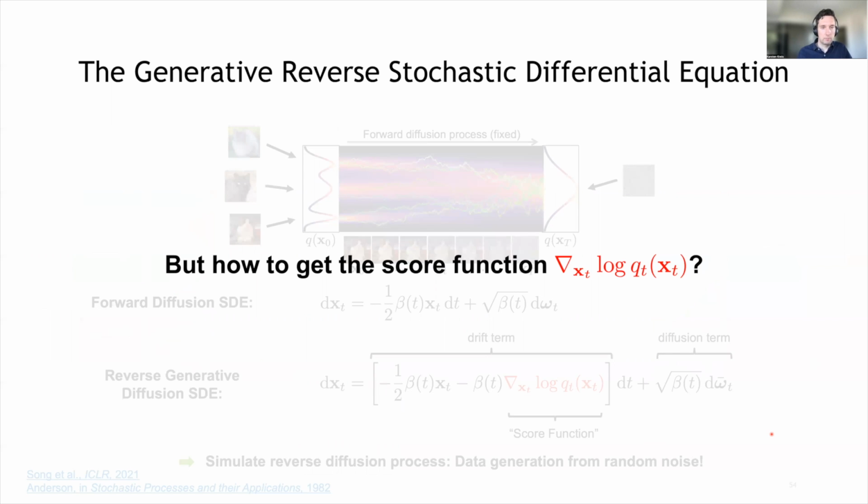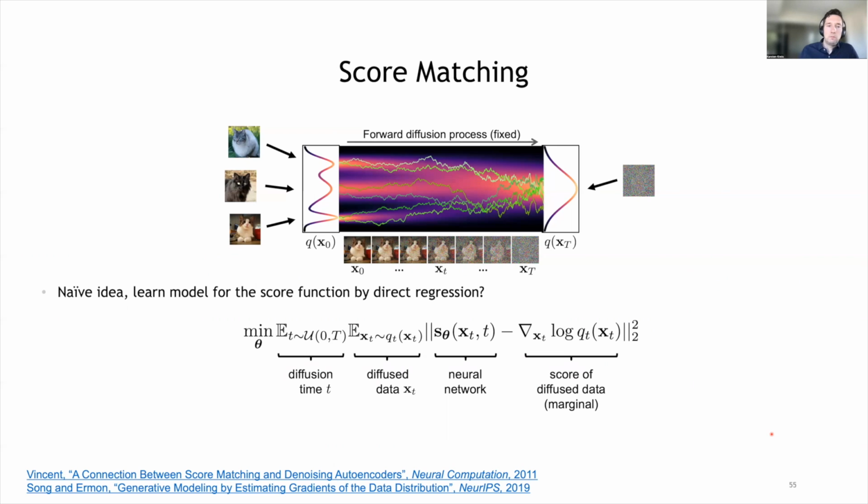Well, not quite. The question is, how do we actually get this score function? We may have the naive idea: why not learn a neural network to approximate the score function? We call this neural network s_theta, with parameters theta, and then we can insert it in our reverse diffusion SDE, simulate it and generate data.